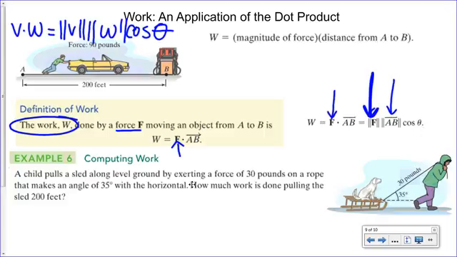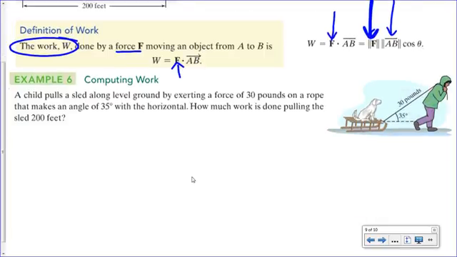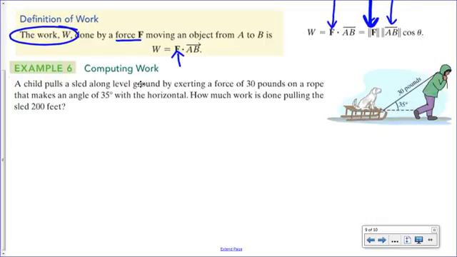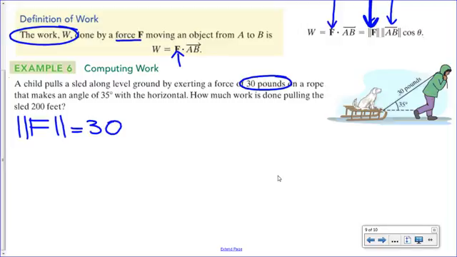And so let's see. I'm going to read the problem. So the problem says a child pulls a sled along level ground by exerting a force of 30 pounds. So this right here, it is the magnitude of F, 30 pounds.